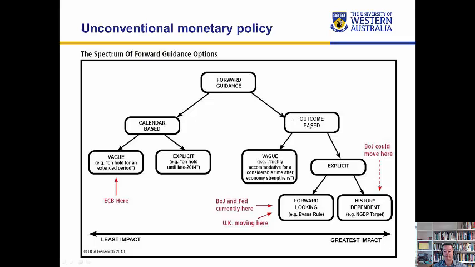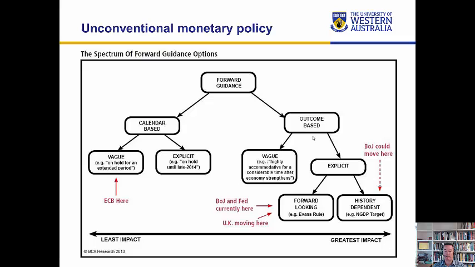With the outcome-based, you are more looking at a statement such as, we will keep interest rates low until, and this is just an example, the unemployment rate hits, say, 5%. That is something that the central bank could come out and say. They are the types of words that the central bank could use.